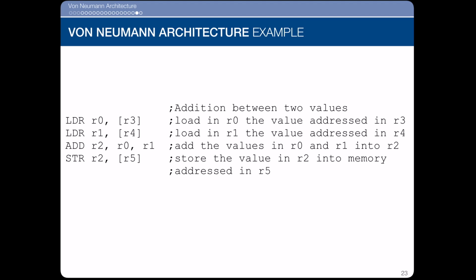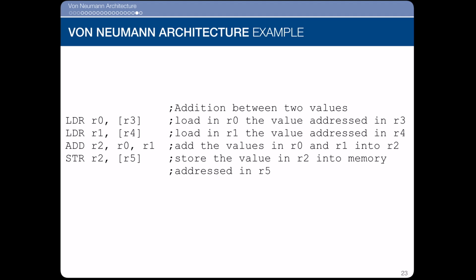On the first row, we load into the register R0 the value that's in memory; in the register R3 we assume that we have the address in the main memory of the first data we want to add, and we put that into R0. Second row, we do the same, except that this time we put in R1 the value from the memory at the address given by the value in the register R4.